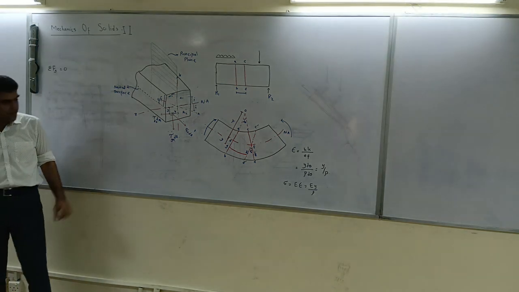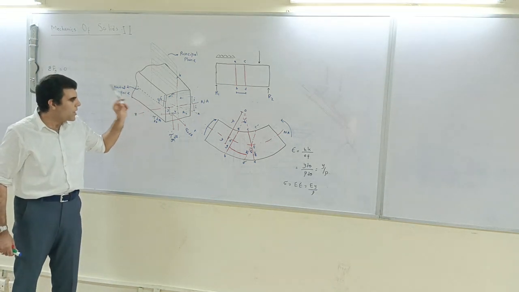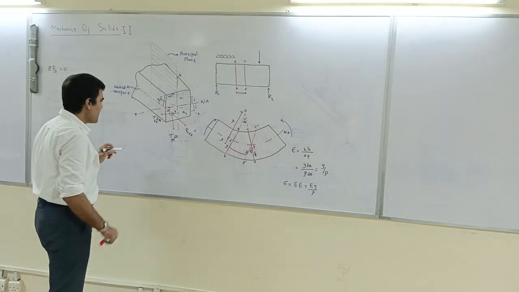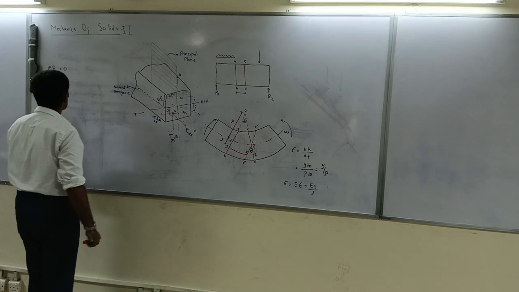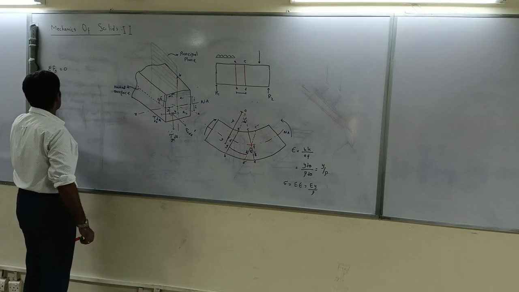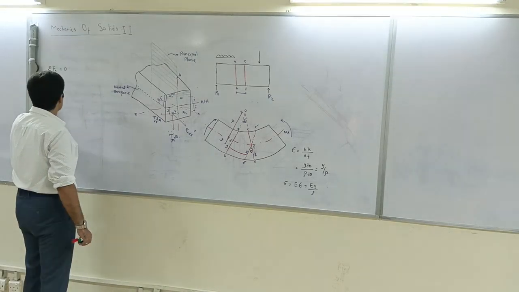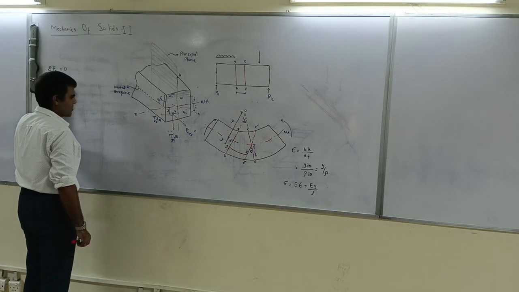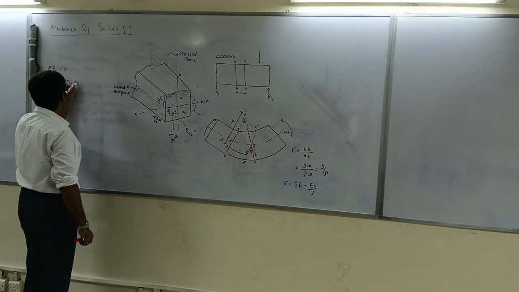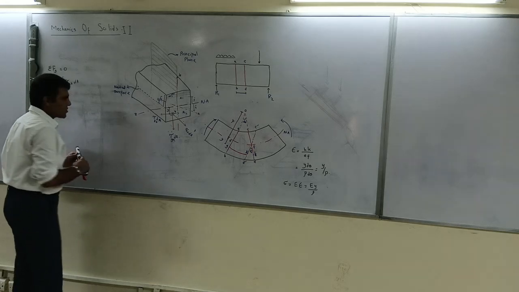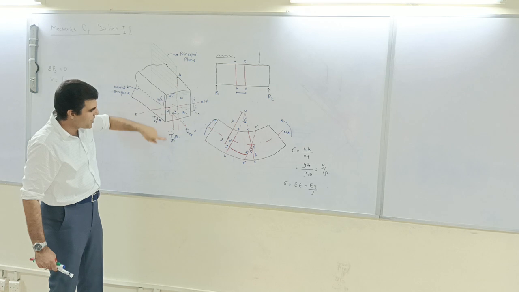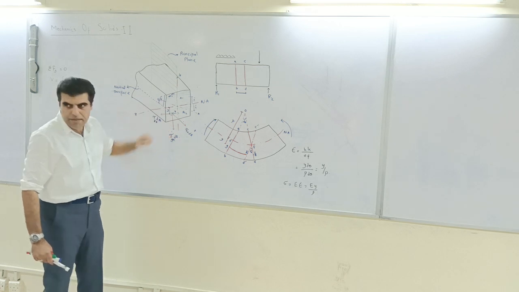And this summation of Fy is equal to tau yx dA. So along the cross section, your shear is tau yx times dA.